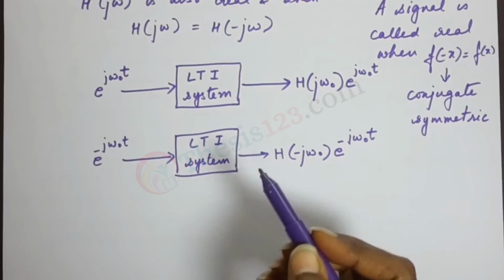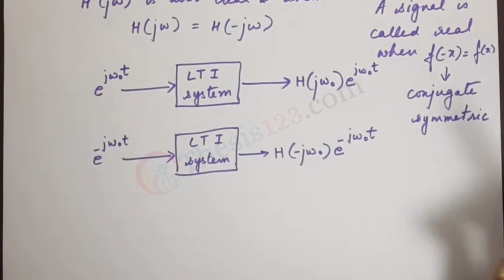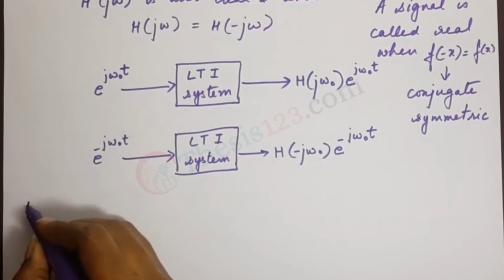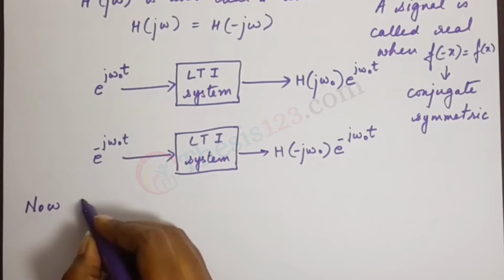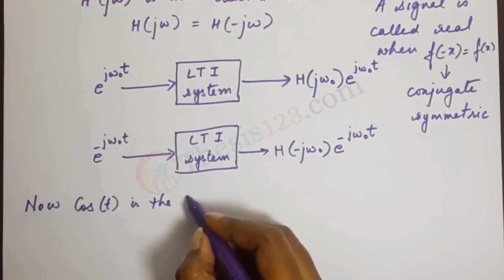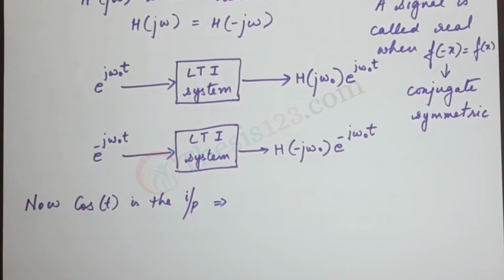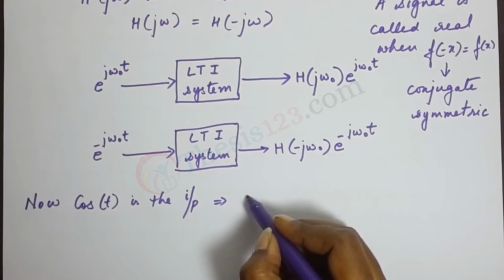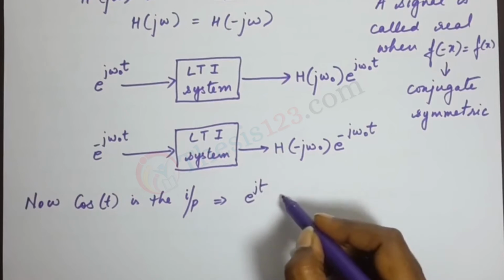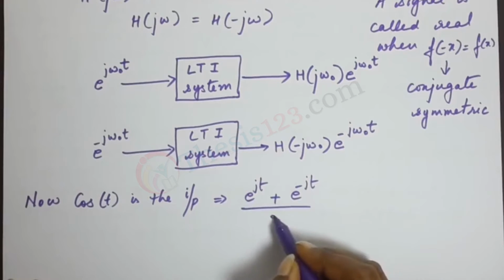Okay, so now we have to evaluate what happens when the input is cos t and what happens when the input is sin t. So let's start with cos t. Now cos t is the input. So you will have to recall how cos t is written. Now cos t is written in terms of e as (e^(jt) plus e^(-jt)) divided by 2.